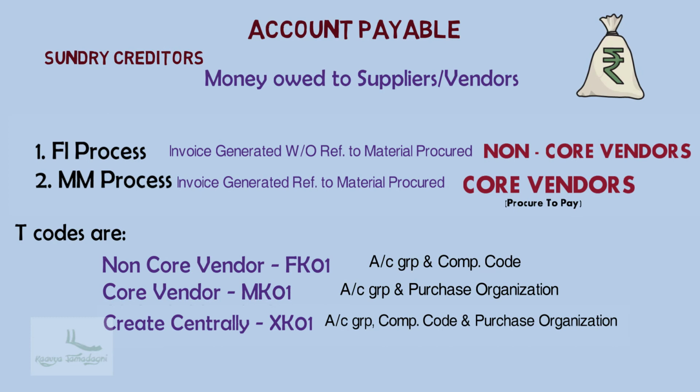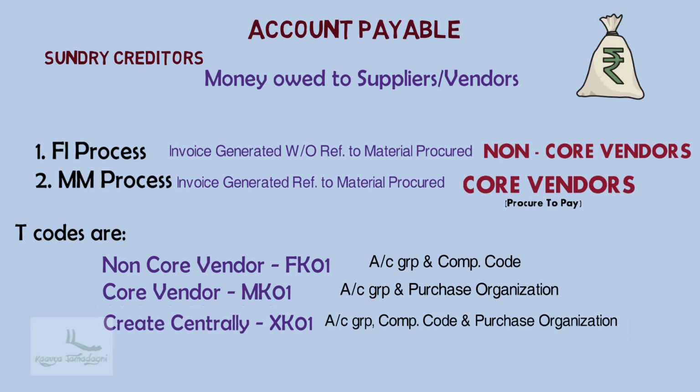There is one more T code in SAP to create the vendor centrally. For that, we use the T code XK01. With this T code, we can create the vendor based on the company code and the purchase organization. So to summarize, to create vendors in SAP, we have three ways. The first way is using the T code FK01, where we can create the FI vendor only with the company code.